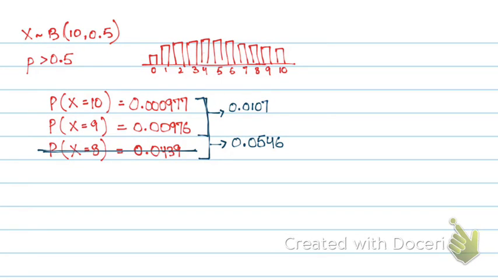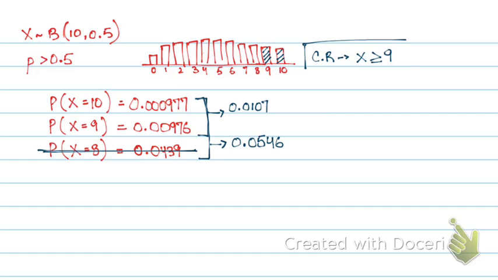My critical region will be 9 and 10, because the sum of the probabilities of 9 and 10 is 0.0107, and as soon as I add the probability of the 8th bar, it tips me over 5%. So basically your critical region is X greater than or equal to 9.